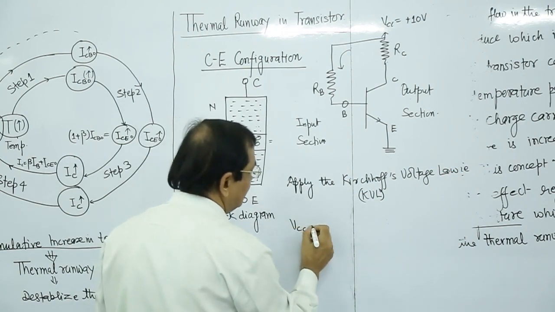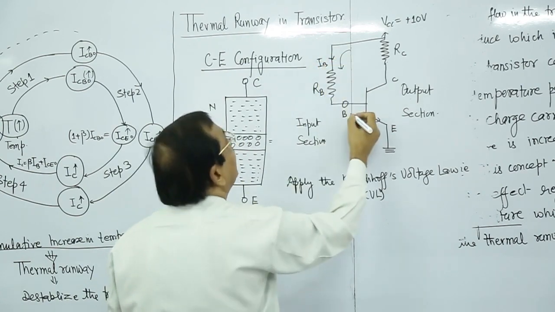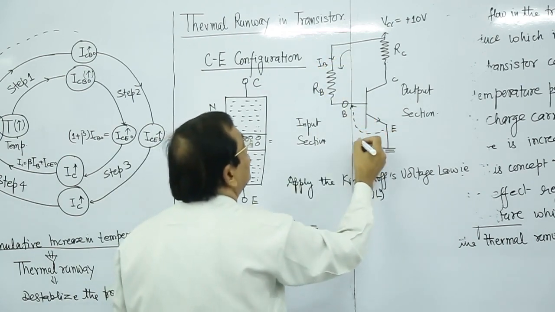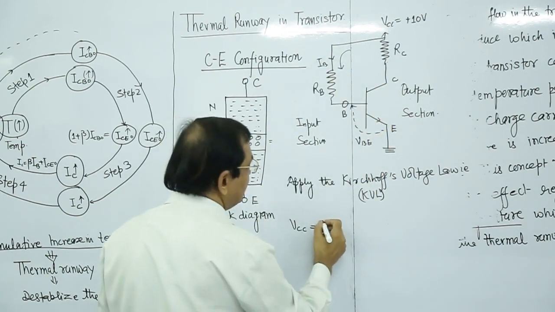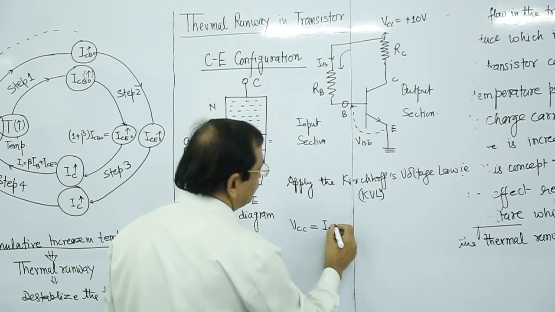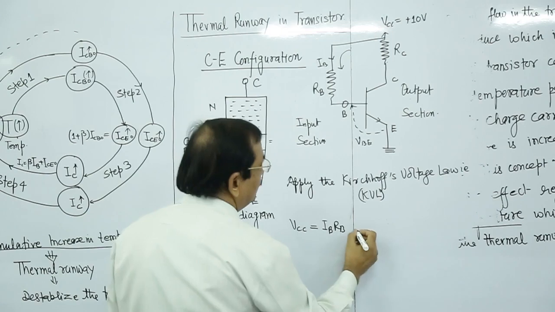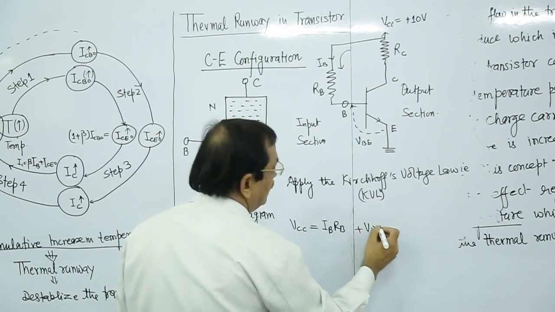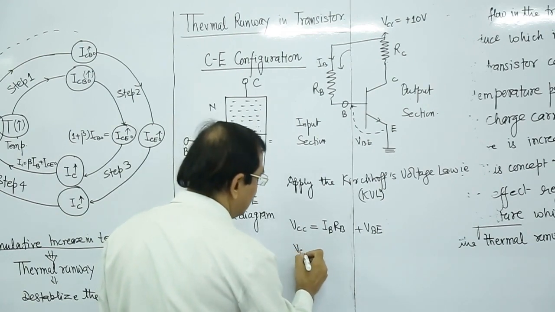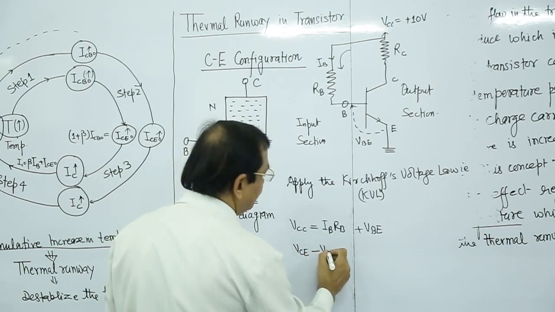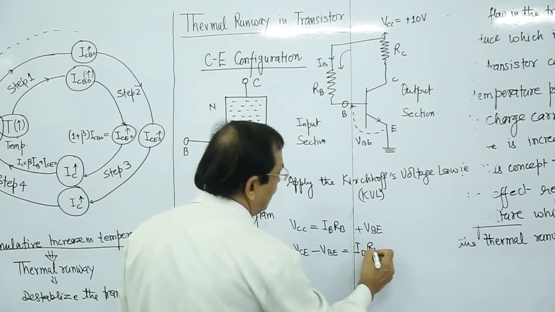Suppose this current is IB and this particular voltage is VBE. So in this input circuit, VCC is equal to IB RB, the product being the potential difference, plus VBE, and then it is 0. So what we find, VCC minus VBE is equal to IB RB.